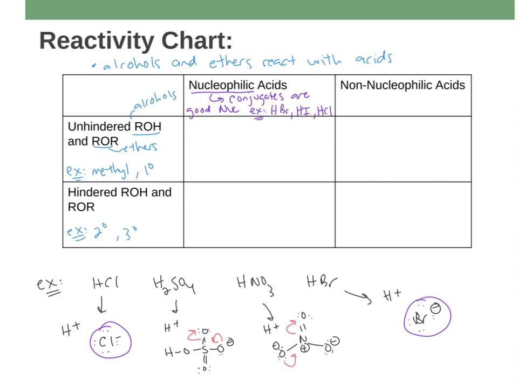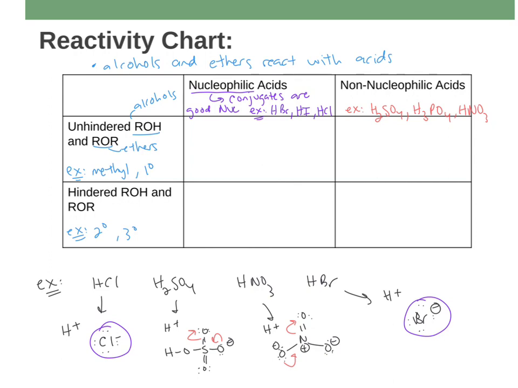So the non-nucleophilic acids are the ones that do not have very good nucleophiles as their conjugates, like H2SO4, phosphoric acid, H3PO4, nitric acid, perchloric acid in theory, stuff like that. Things that have conjugates that are not the halides.